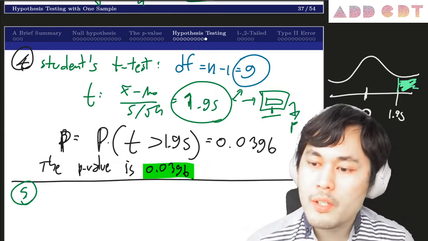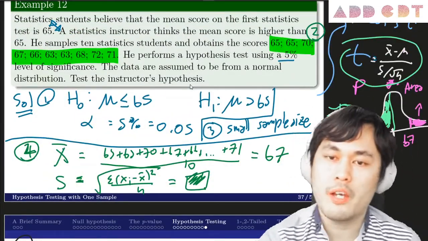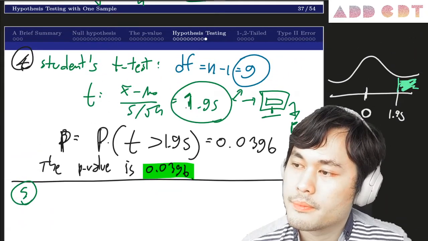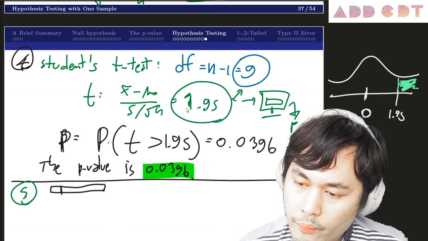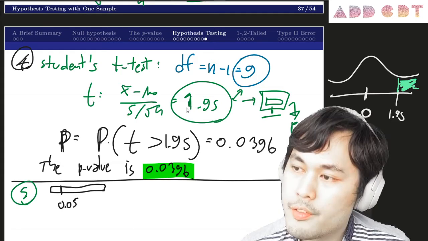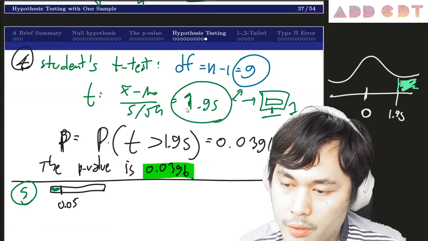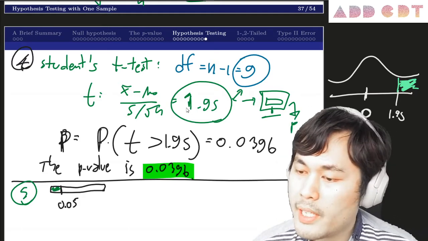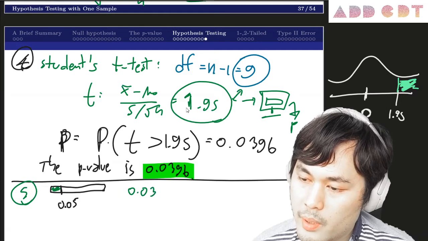Since we established the significance level, alpha, to be 0.05, we only reject if the result is significant enough, if the result falls into this small region. Okay. And in this case, yes, it does, because the p-value is less than alpha.